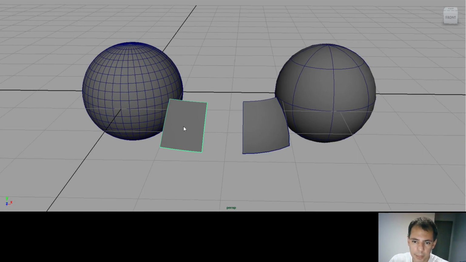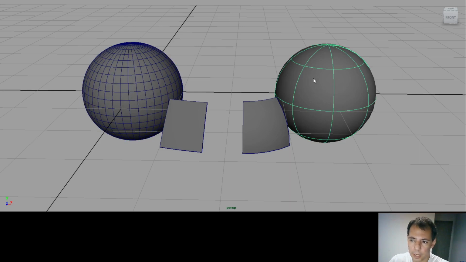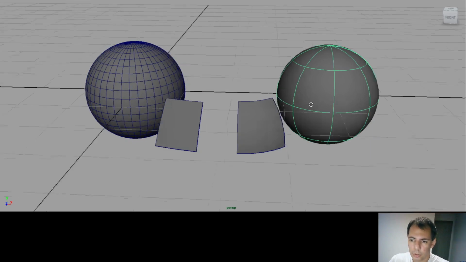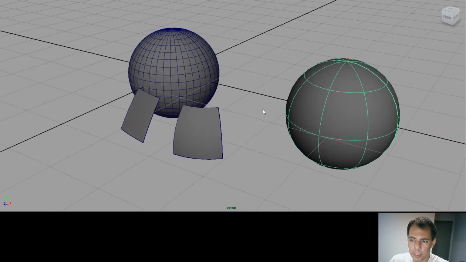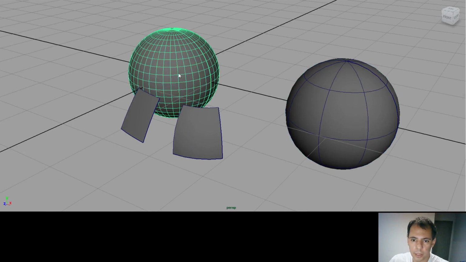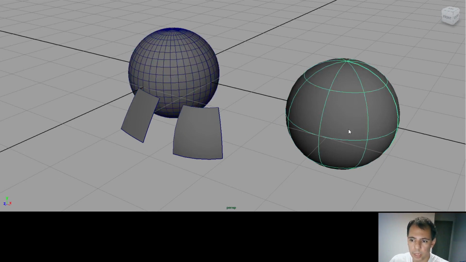This piece came from this sphere, and this piece came from this sphere. I just put more isoparms in here, horizontal and vertical isoparms. Why did I do this? Because this sphere has a lot more isoparms than this one. In this sphere, these little pieces are just growing smaller and smaller and smaller, and that's what's going to happen in the integration.